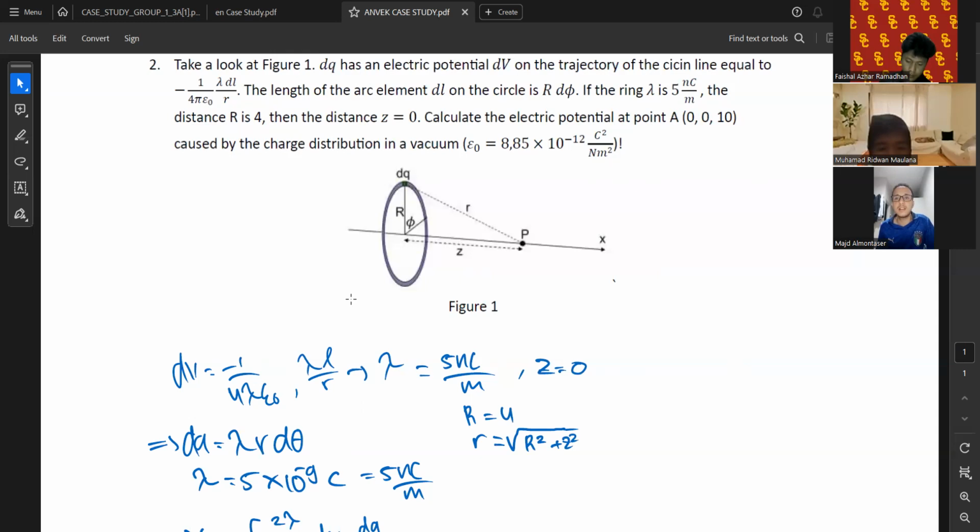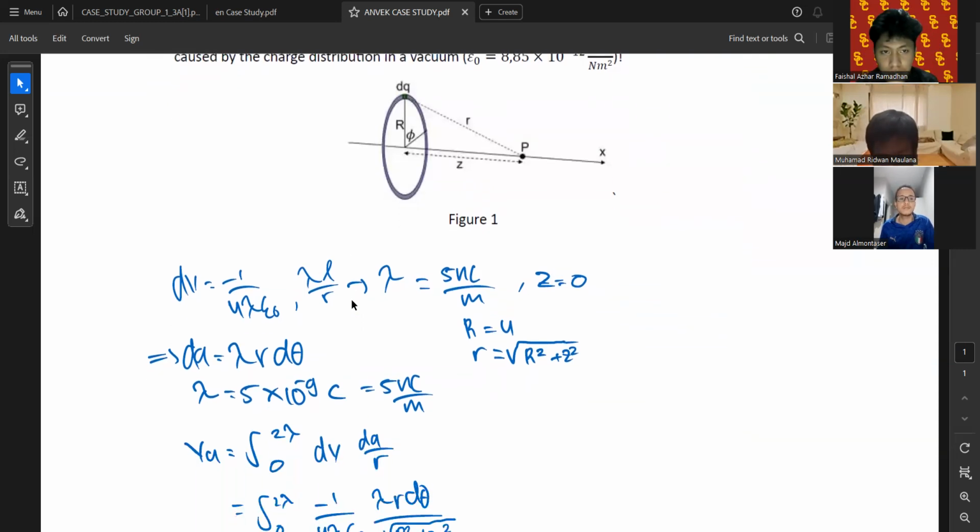If the ring lambda is 5 nC per meter, the distance r is 4, then the distance z equals 0. Calculate the electric potential at point A (0, 0, 10), caused by the charge distribution in a vacuum. e0 equals 8.85 times 10 to the power of negative 12 C squared over N m squared. And this is the figure here.